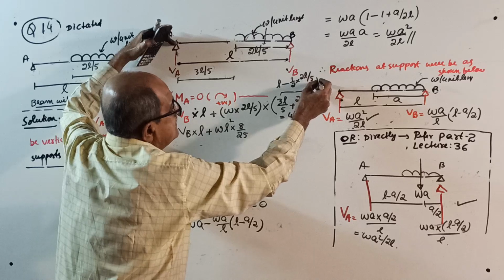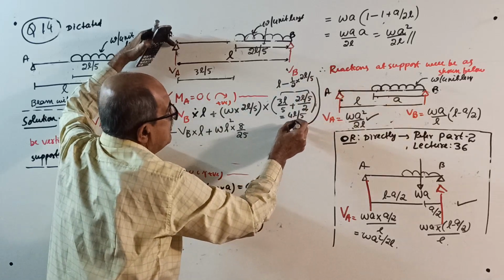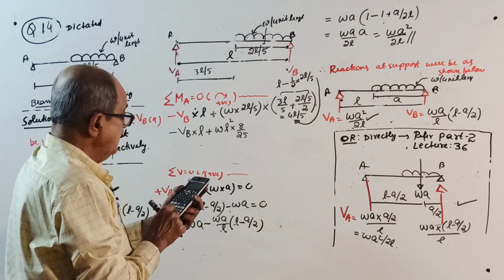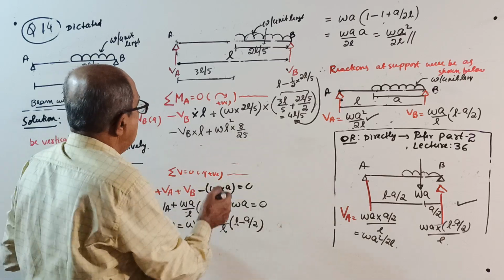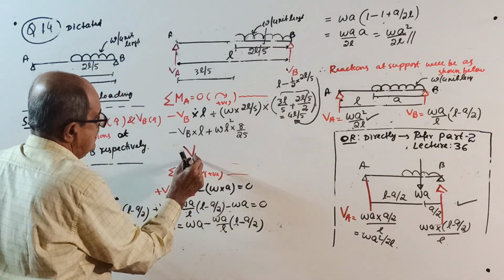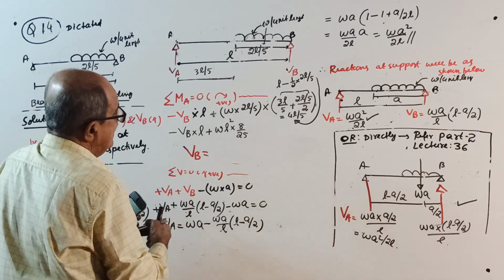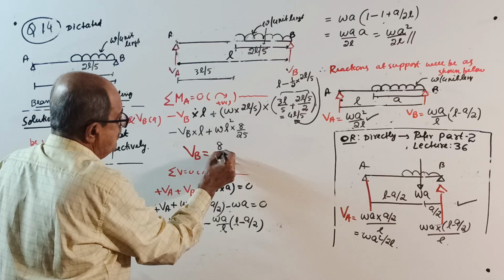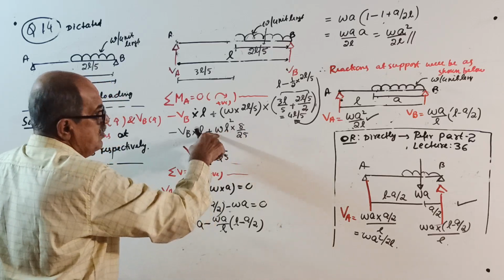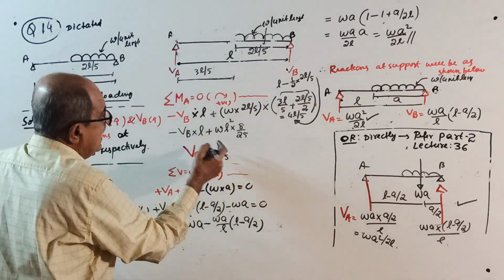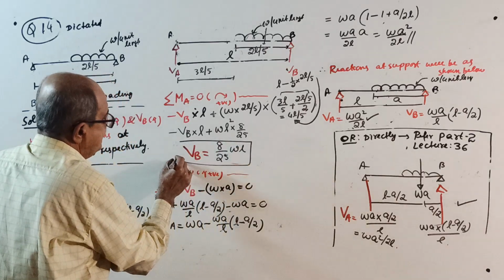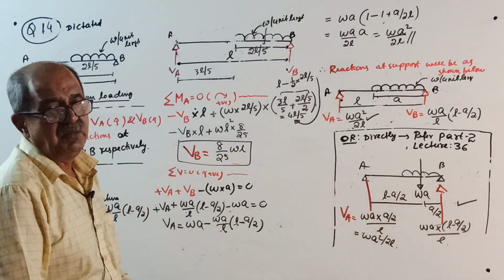That answer will come the same as 4L by 5, since 1 minus 1 by 5 is 4 by 5. Over. So your VB will come 8 by 25, WL square divided by L. So VB is 8 by 25 W into L.